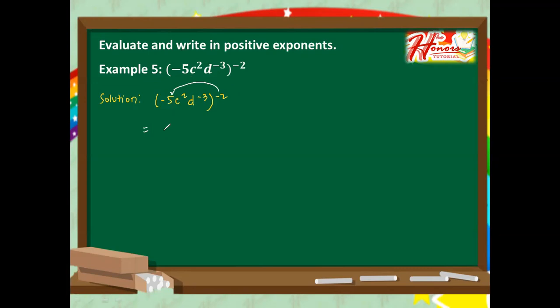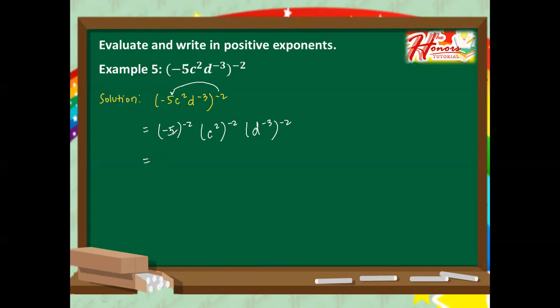Let's start with negative 5, then it will become negative 5 raised to negative 2. And then for c, we have here c squared raised to negative 2. And then we have here d raised to negative 3 raised to negative 2.